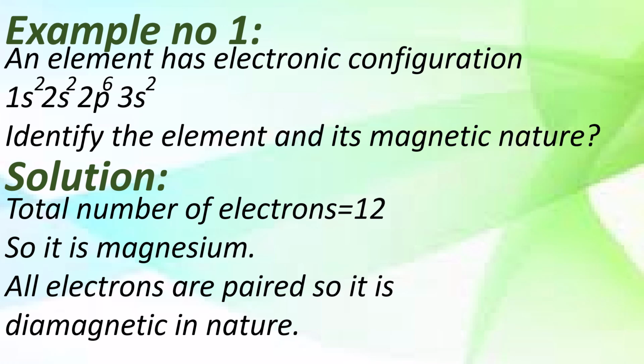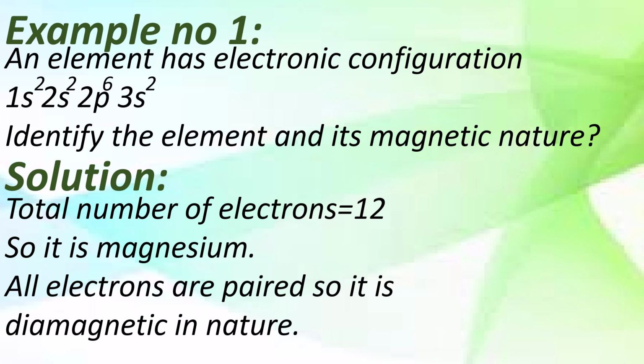The lower subshell is filled first by electrons. First 1s, then 2s, then 2p, then 3s. S orbital can hold maximum 2 electrons. P orbital can hold 6 electrons. So we have to identify the element and its magnetic nature.